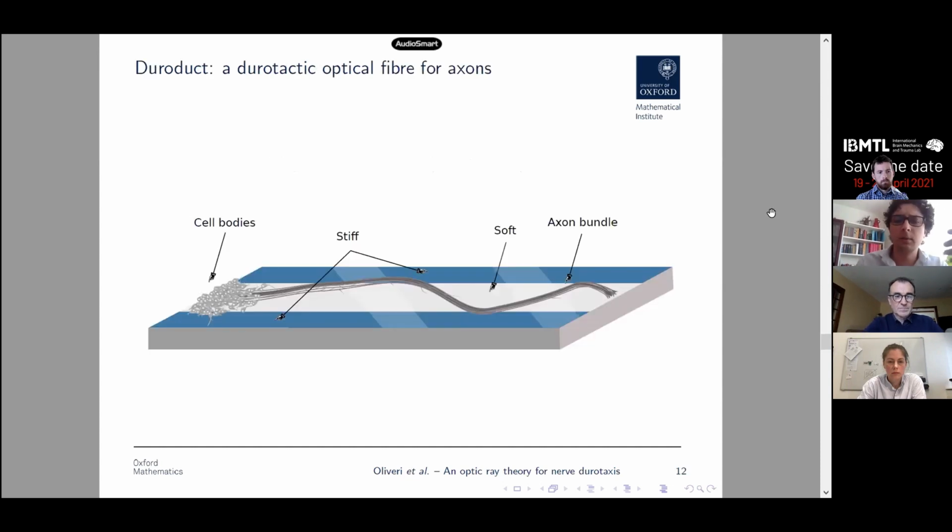We adapted this idea by proposing a virtual experiment consisting of growing a bundle of axons between two stiff zones, forcing the axons to grow between these stiff zones in a soft corridor.